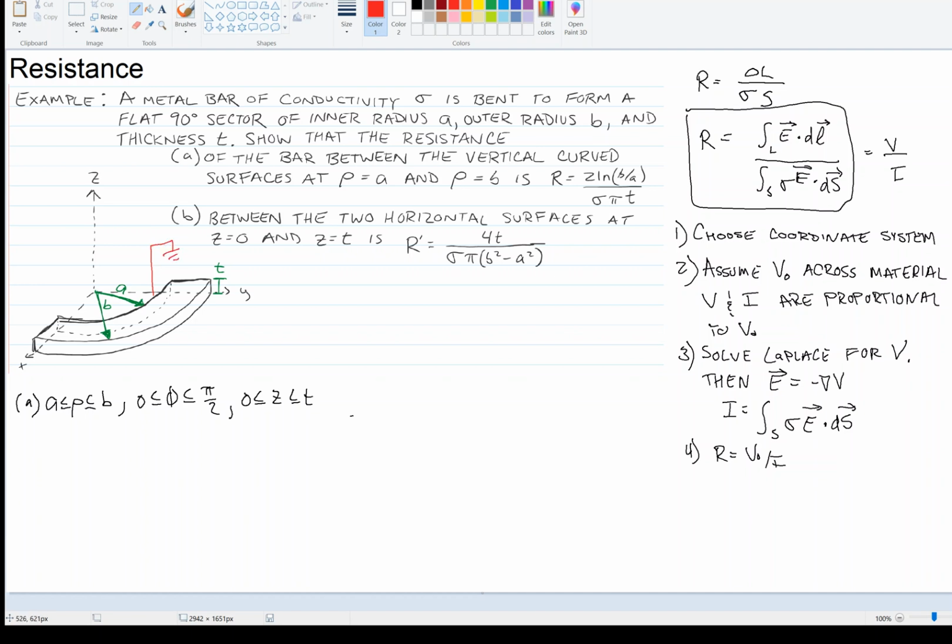I'm just going to choose surface A to be grounded, and then I'm going to choose surface B to be at V0 volts. You could do it the other way, certainly. But what we're doing here is assuming V0 across the material. So now the potential difference across the material is V0.